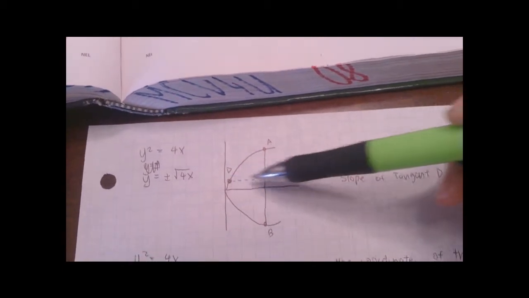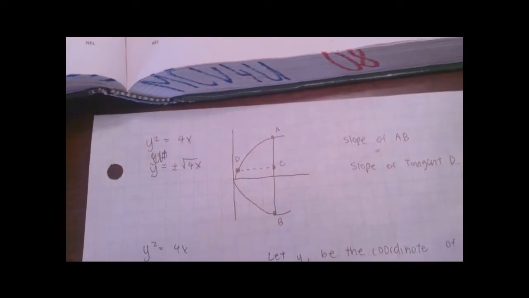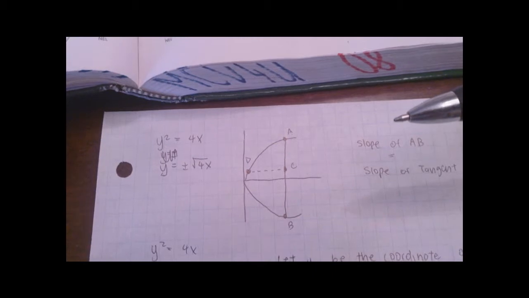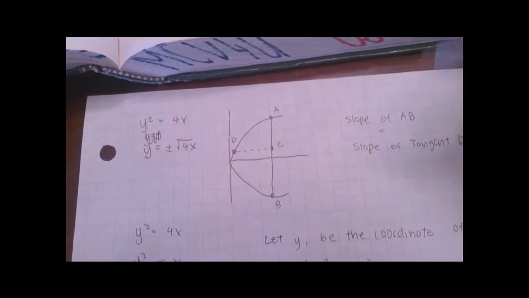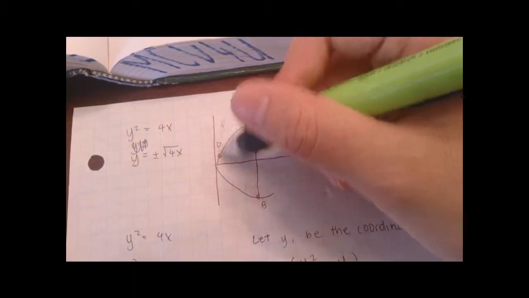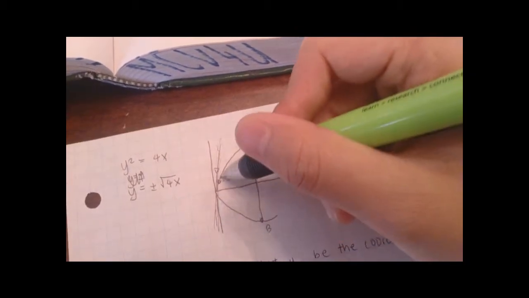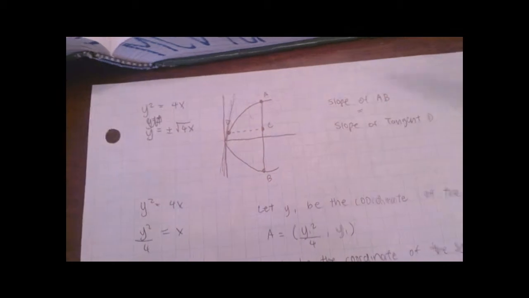So it's always going to be straight across from C. And then they ask us to prove that tangent D is parallel to points A, B. So they're trying to ask us to prove that this tangent right here, this one line that touches D at one point, is parallel to AB.